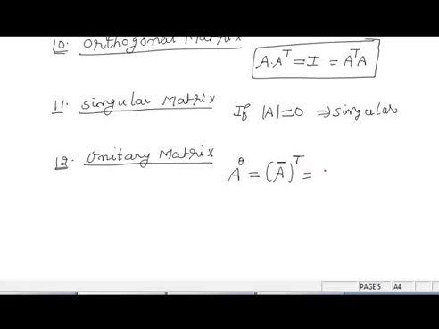So it is nothing but transpose of a conjugate of matrix A. And it can be said that since the conjugate term is used here, it means the matrix element consists of complex numbers here.